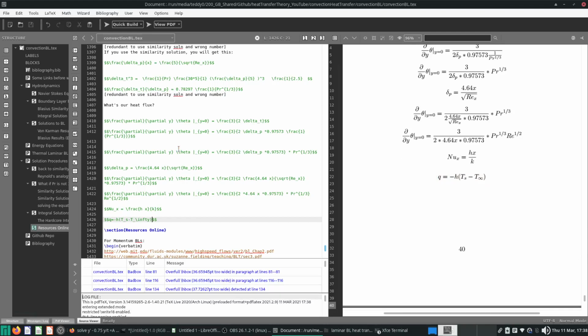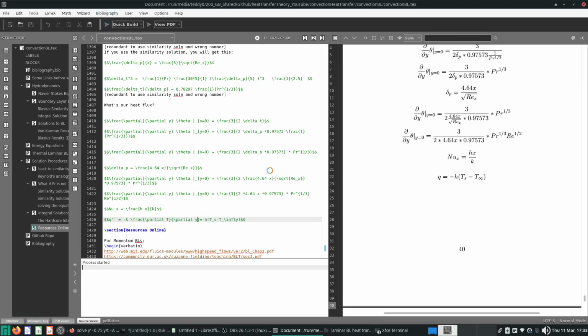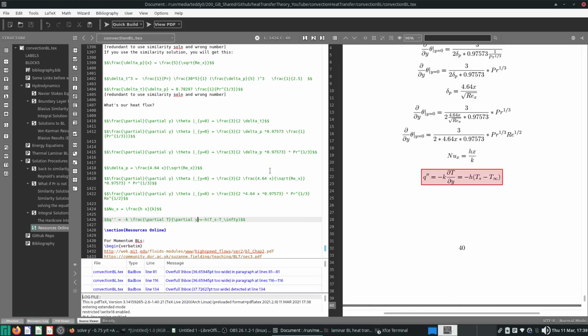If you're talking about conduction heat flux, it equals minus k partial T partial y. I can't remember which side.